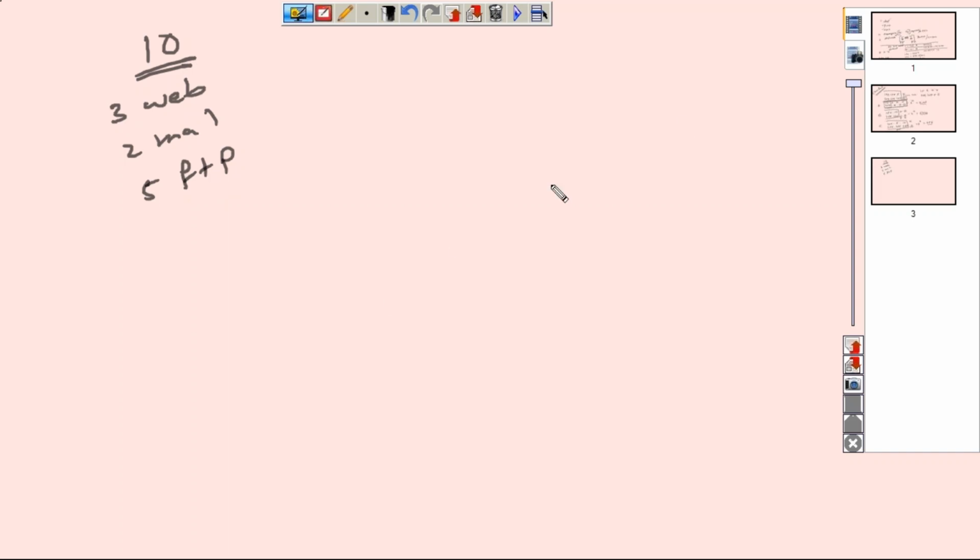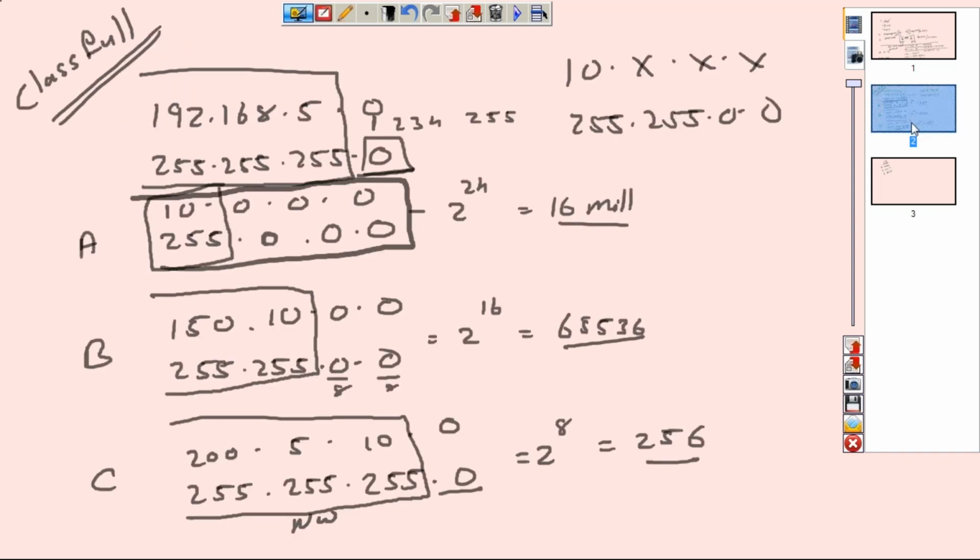Okay. But based on this last screen where we talk about classful subnetting, what is the smallest size of a network I can make? Based on this screen where we talked about the default class masks and default size of networks, what is the smallest size of a network I know how to make?